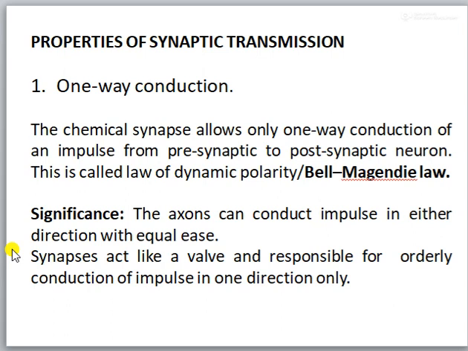The synapse acts as a valve and is responsible for the orderly conduction of impulse in one direction only. What is its cause? Neurotransmitter is present only in the presynaptic terminal and specific receptor sites are on the postsynaptic membrane, so the impulse is conducted in only one direction.